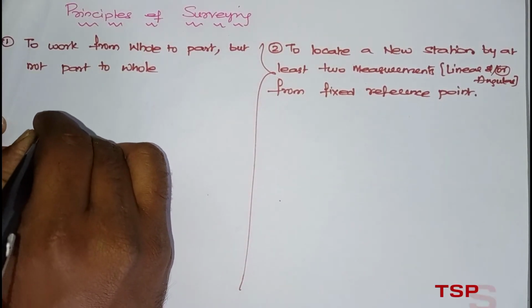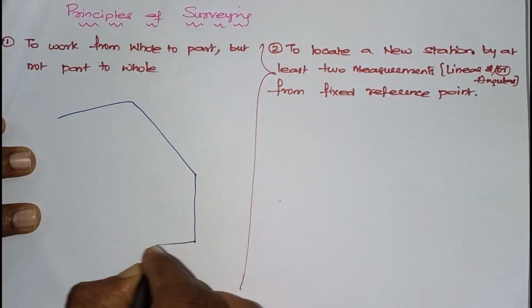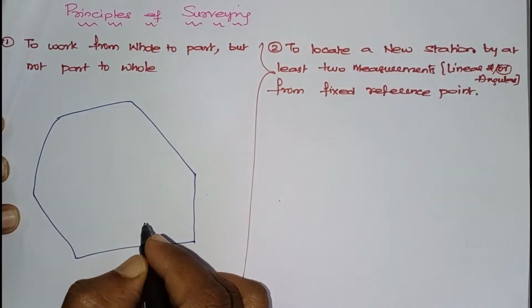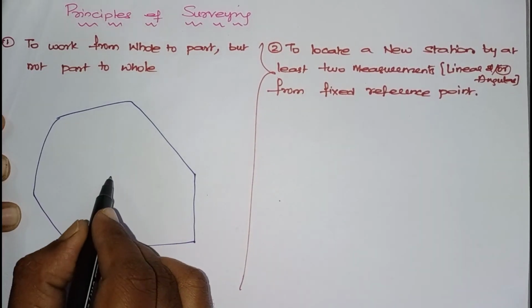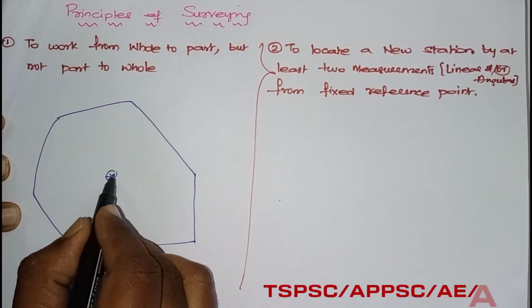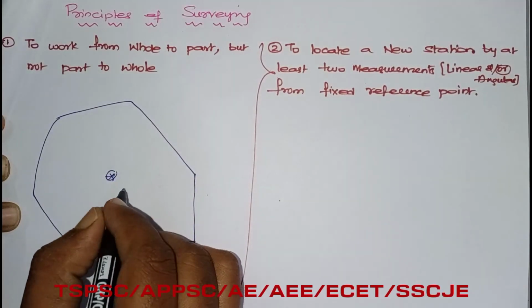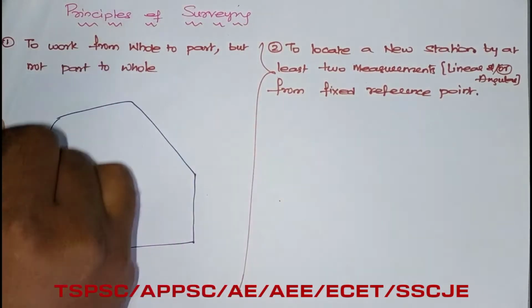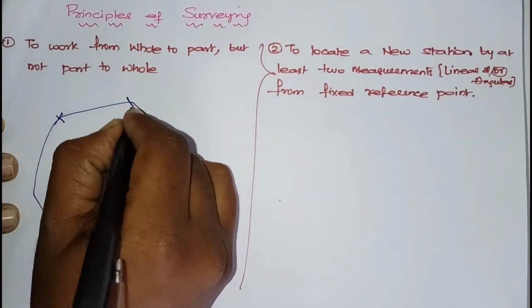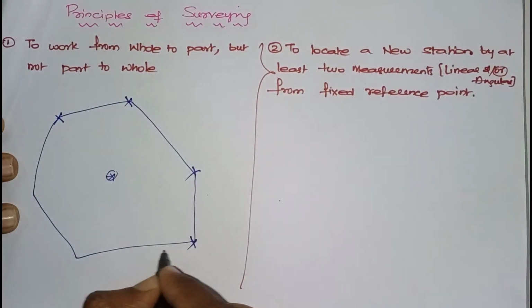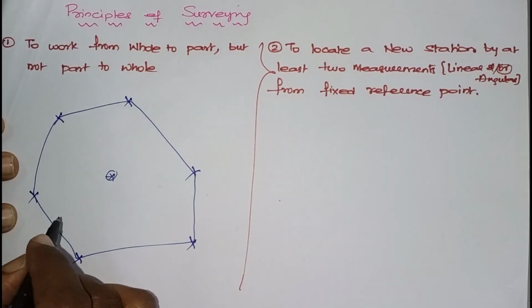Suppose an area is there. In this enclosed area I am supposed to survey. So instead of starting from the middle and extending outward, what you have to do is fix points on the outside, the periphery of the enclosed area, which are called control points.